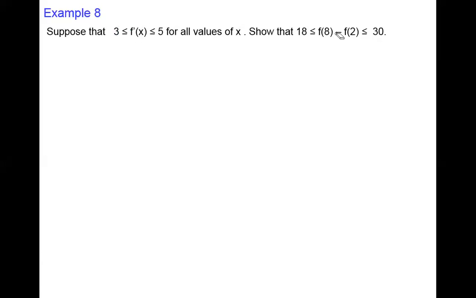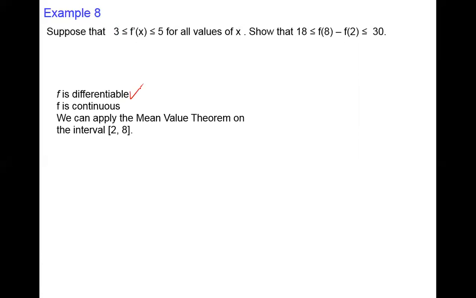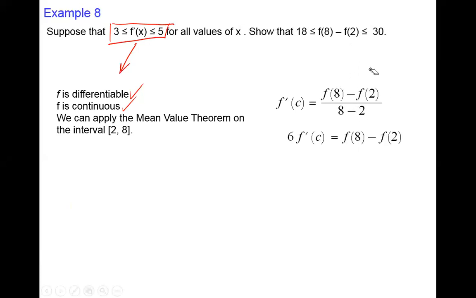That means this one is typically, we can definitely use the mean value theorem. The function is differentiable and continuous based on this statement. The derivative exists. And then I know that everything is happening between 8 and 2. Okay? And the mean value theorem is telling me that f prime at c equals this, the average.